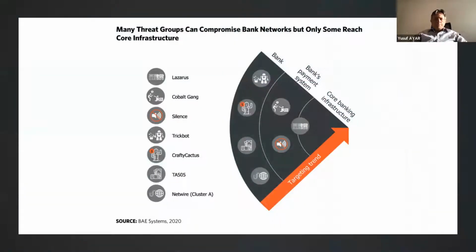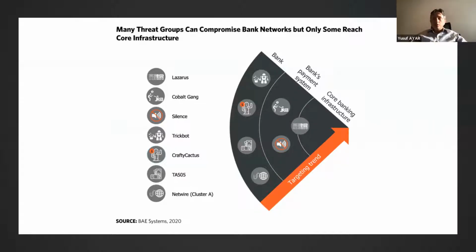Here, you see there is a really complex world out there. On the left side, you see the real threat actors. These are the criminal groups, or let's call them syndicates, who are targeting the financial systems: Lazarus, Silence, Trickbot, or Netwire. These are real threat actor groups.